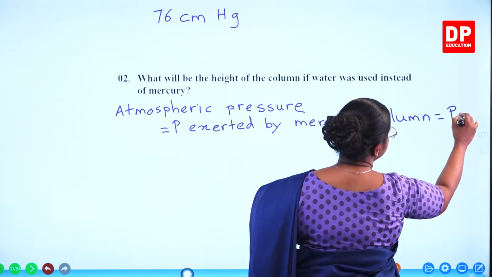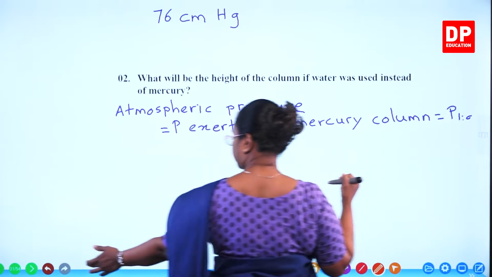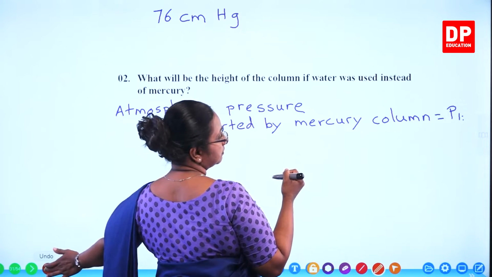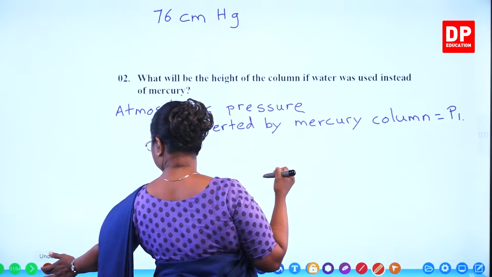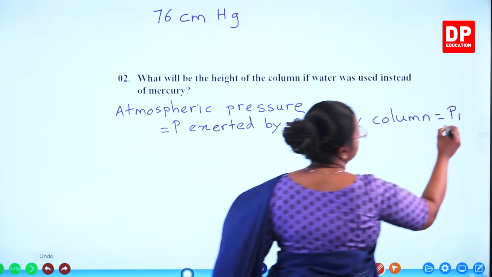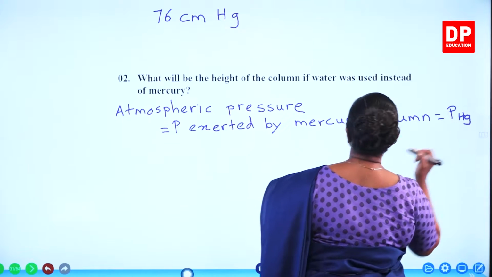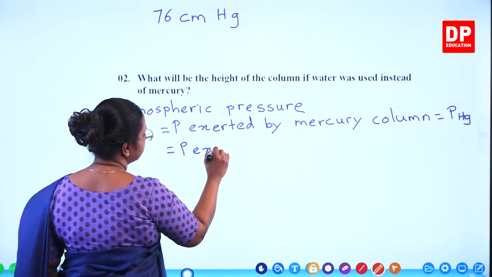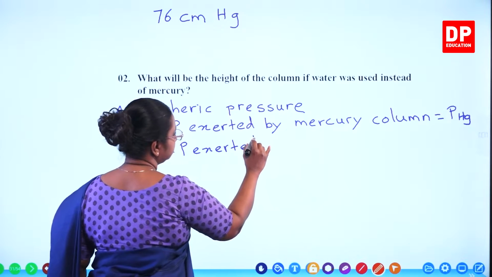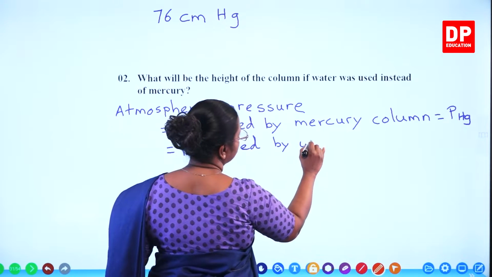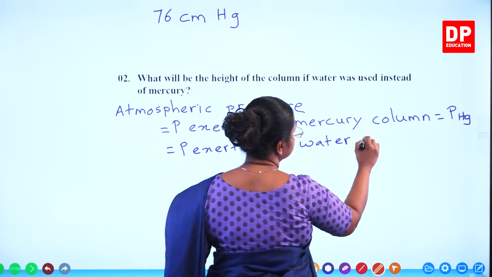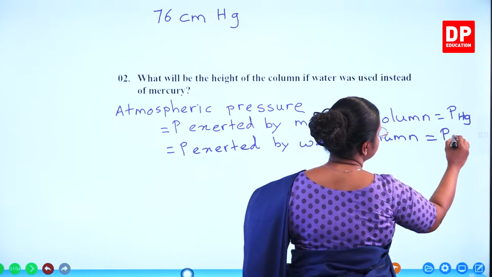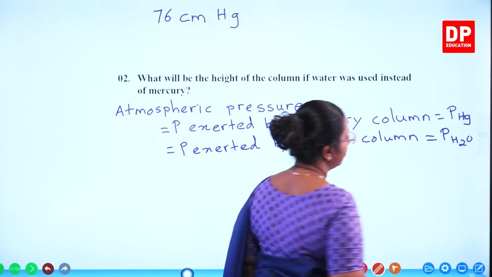I will write it as pHg, that is equal to pressure exerted by water column. That is, we will take it as pH2O.